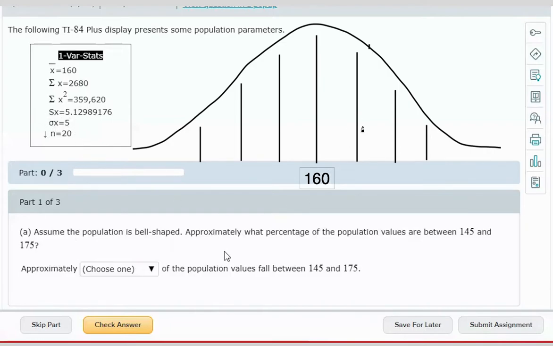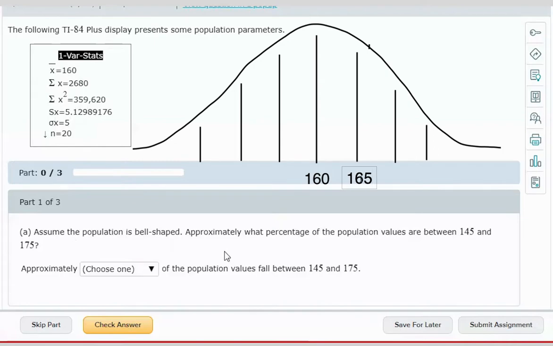These lines represent 1, 2, and 3 standard deviations above the mean and below the mean. So to figure out what number corresponds to each of these lines, this one is 160 plus the standard deviation, which is 5, so it's 165.